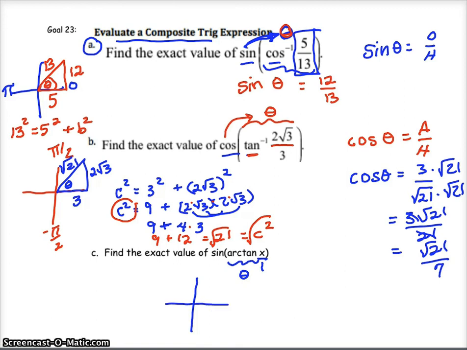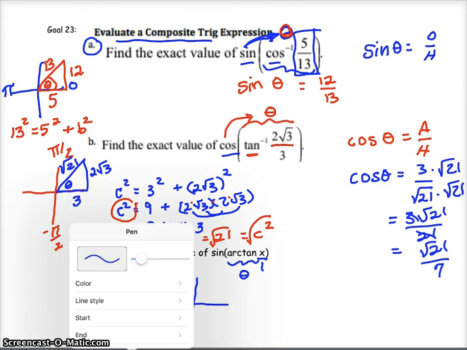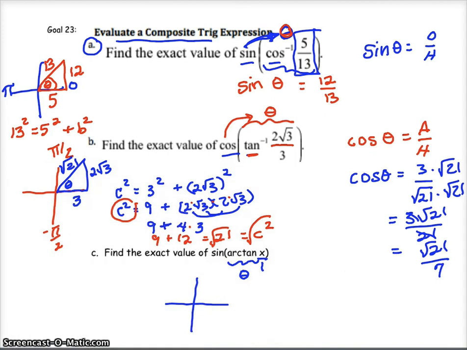You can always assume that the variables are positive unless you are told otherwise. So our triangle would be drawn in quadrant 1. Opposite side is x, adjacent side is 1, and because we are evaluating the sine of angle theta, we will need to find the value of the hypotenuse.